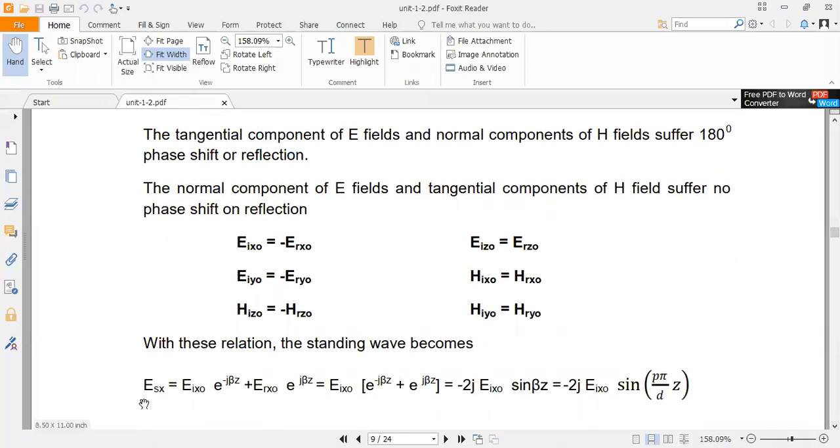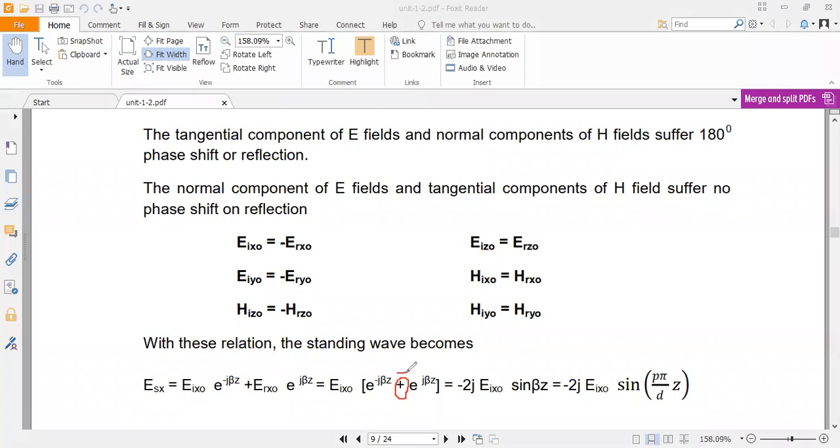Take the first expression, E_ix plus E_rx: incident wave e to the power of minus j beta z, reflected wave e to the power of plus j beta z. But here, for E_ix and E_rx, you are going to get a negative sign. So here you should write not the positive, but the negative. Here the sign is negative.